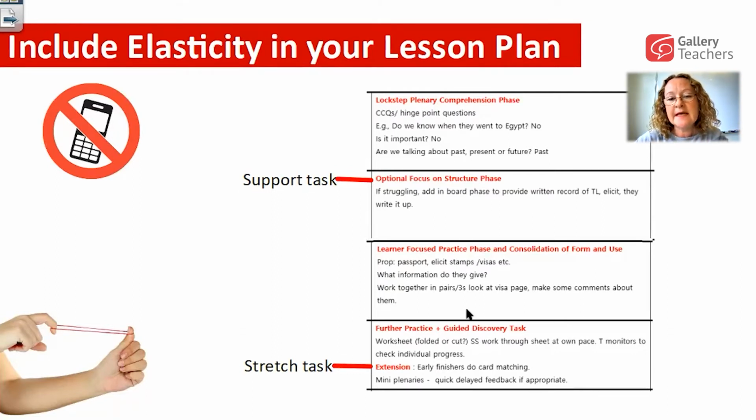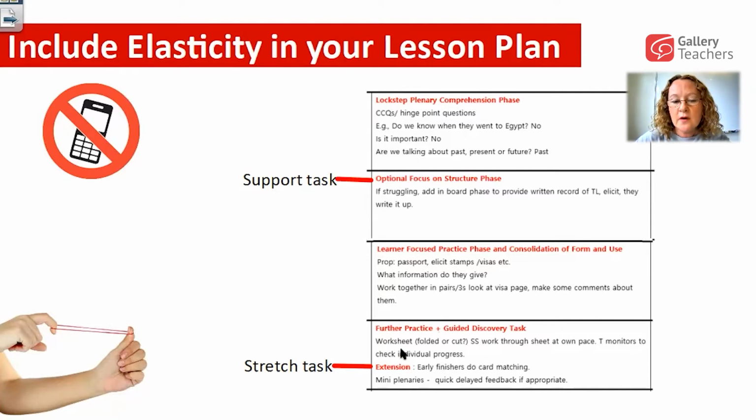Now, this particular extract or excerpt is a little bit of a lesson plan. It doesn't really matter what the lesson is about, but what's important is that this lesson plan has an optional focus. So it has an extra bit of support for those weaker learners. So if they're struggling, we're going to add in another phase. If they're not struggling and people are flying, we're going to skip that phase.